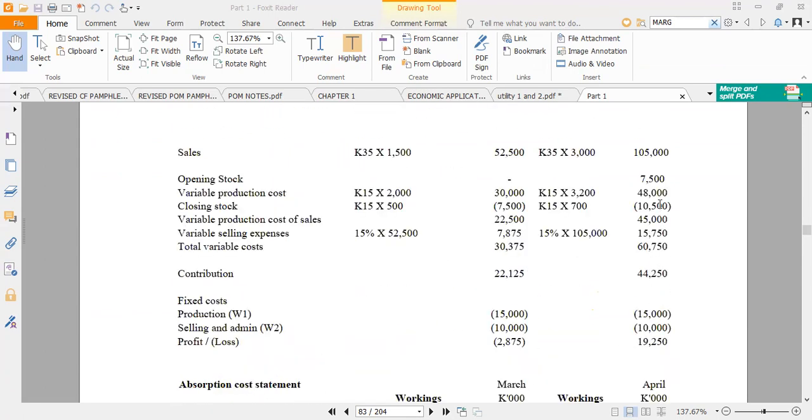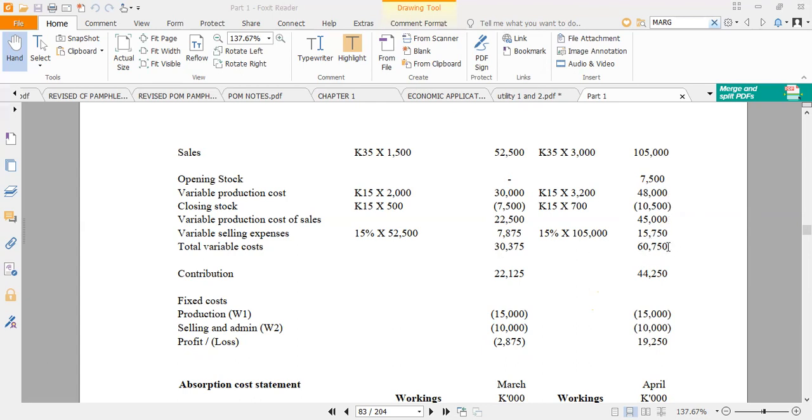So we are getting closing stock of 10,500. We are lessening it. Then add variable selling expense, 15% of sales revenue of 105,000, and you're getting 15,750. And then for the total variable cost, we add these, subtract that one, and you're getting 6,750.